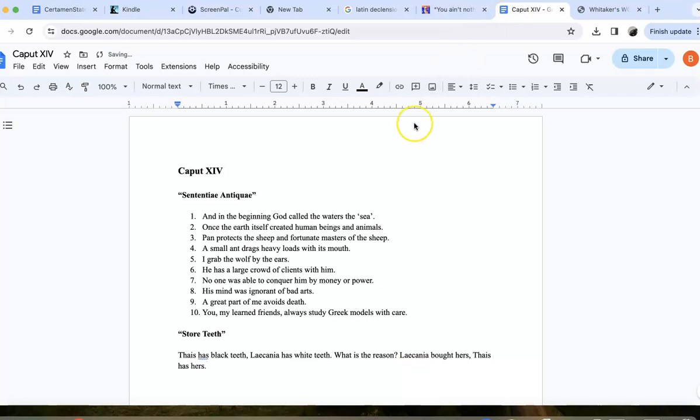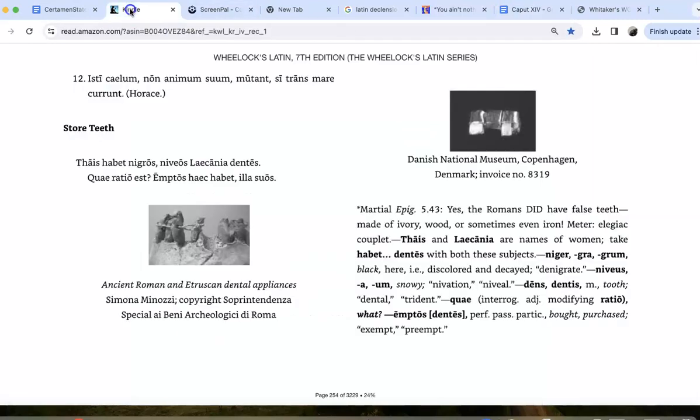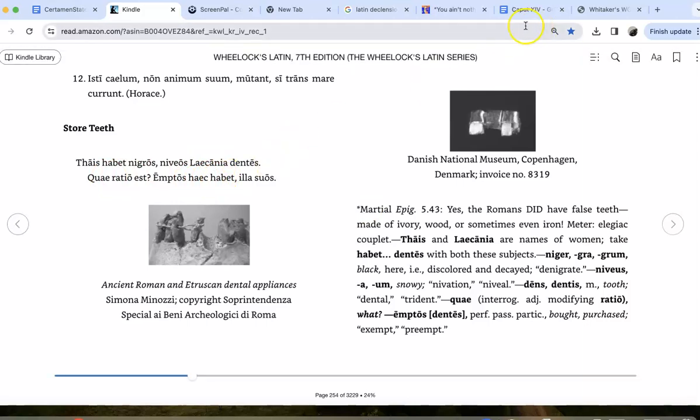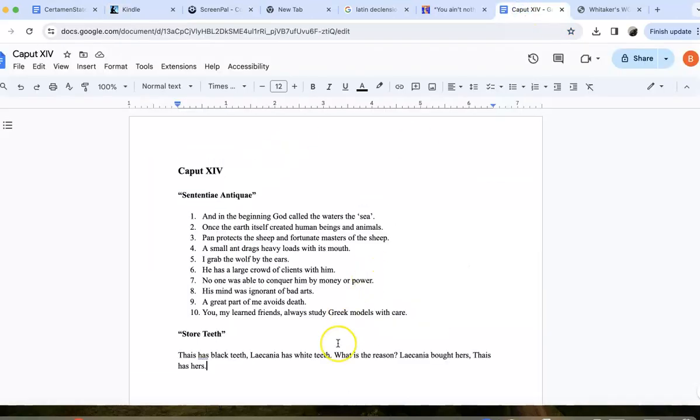So you can see it loses a little bit in translation because that's what great writers do, such as Martial. So yeah, Lacania bought hers, and Thais has hers.